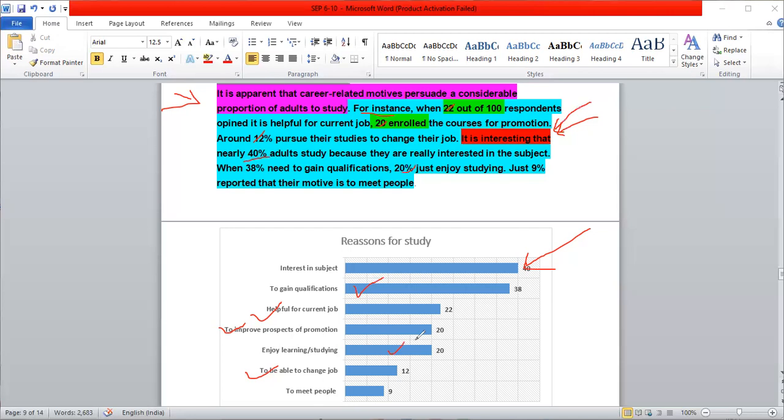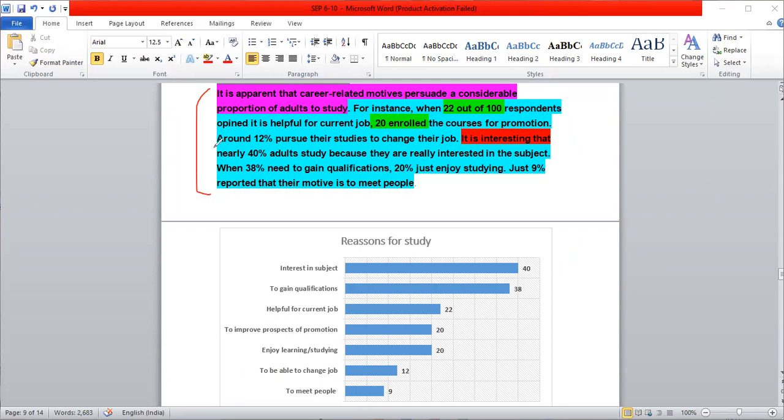Okay. Just 9% reported that their motive is to meet people. Yes, to meet people. So we have completed everything. So we have all the matter written here in this particular paragraph.